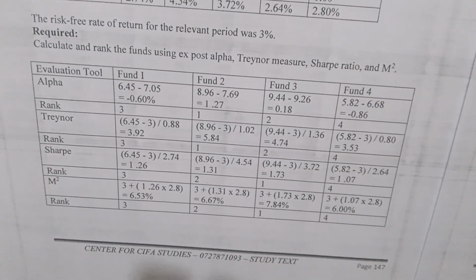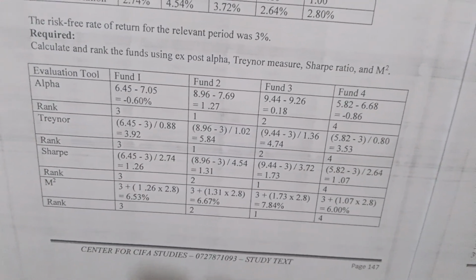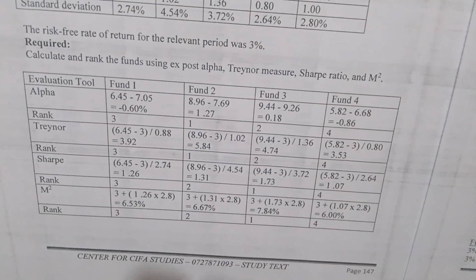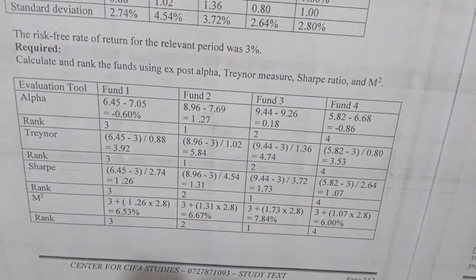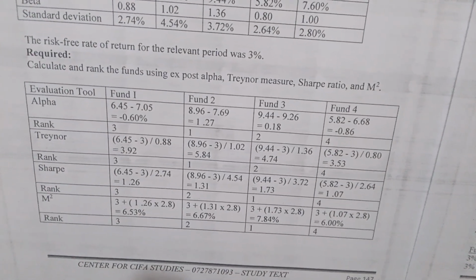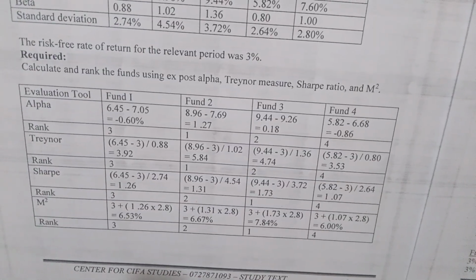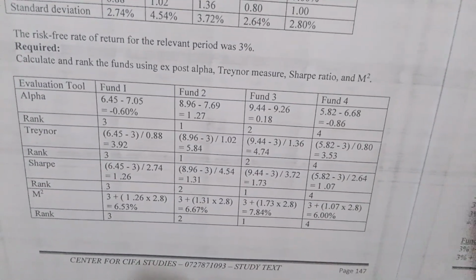The last is Modigliani and Modigliani, and you have said that is given by risk-free rate plus, into brackets, Sharpe's ratio times market standard deviation.